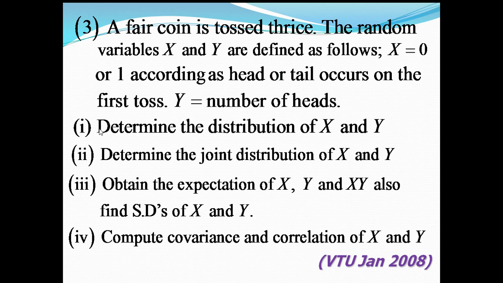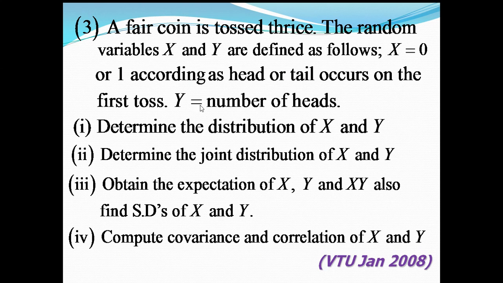The question is, determine the distribution of x and y, determine the joint distribution of x and y, obtain the expectation of x and y and xy, also the standard deviation of x and y, compute covariance and correlation of x and y.